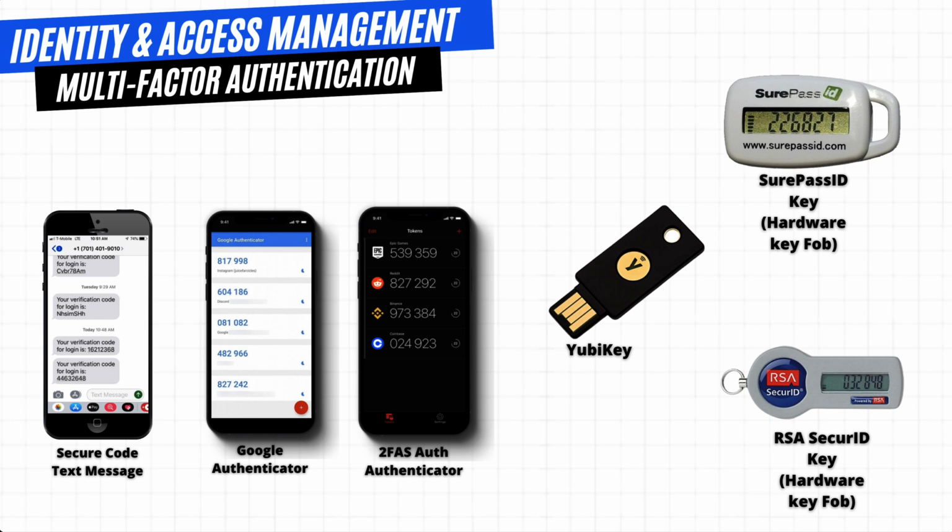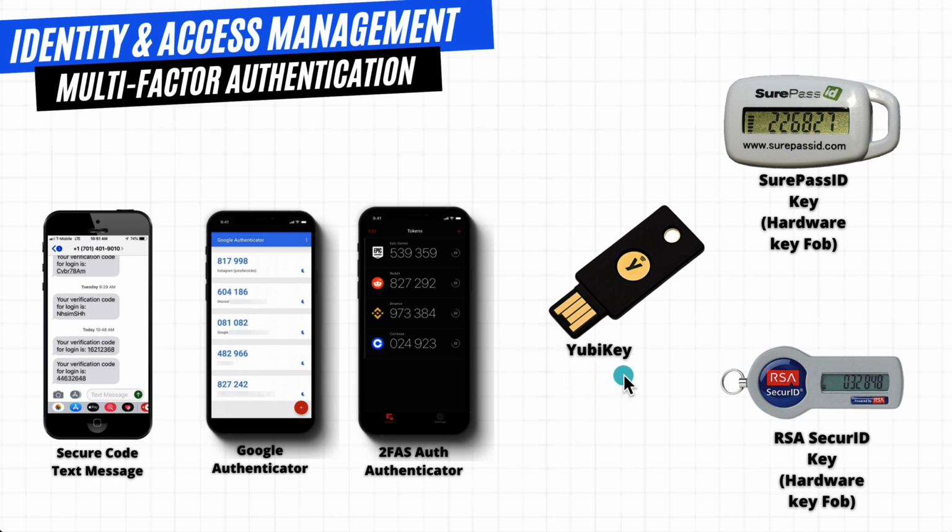To avoid having to buy any hardware and the possibility of your text message being intercepted, we also have the two-factor authentication applications like Google Authenticator and 2FAST Auth. I use both, but my personal preference is the 2FAST Auth application. We can also use something like YubiKeys to authenticate.